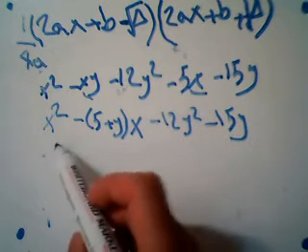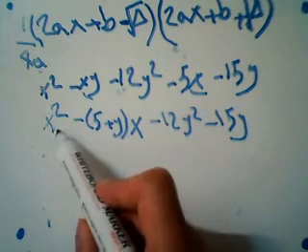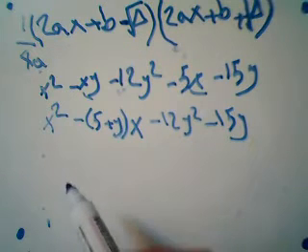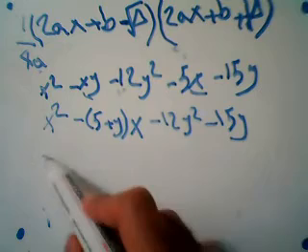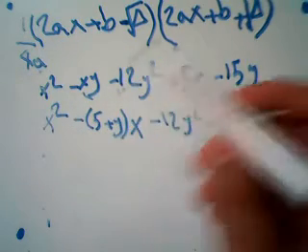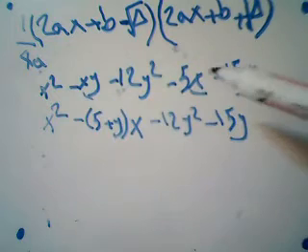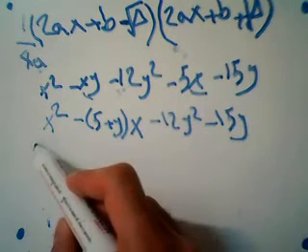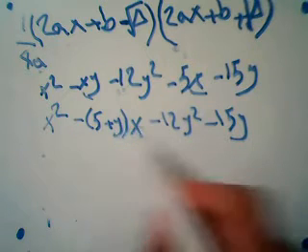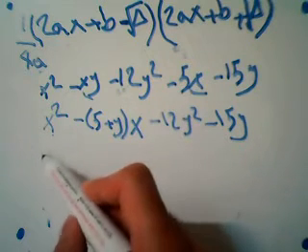So let's multiply and divide this by 4a. A is 1, so multiply and divide by 4. Let's divide finally, but for now let's just multiply.